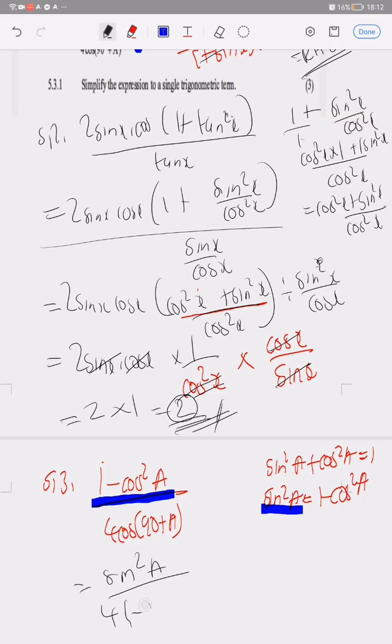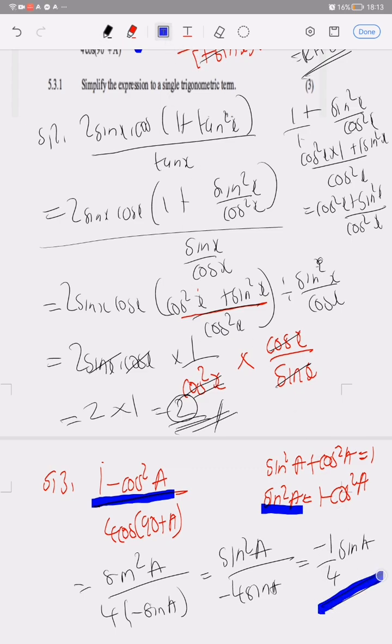But since there's a 90, it becomes a sine a. So this becomes sine squared a over negative 4 sine a. So this becomes negative 1 over 4 sine a. So this is what we are having.